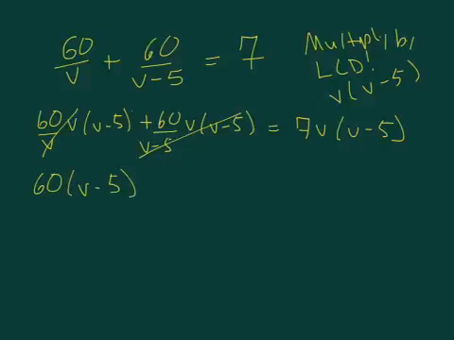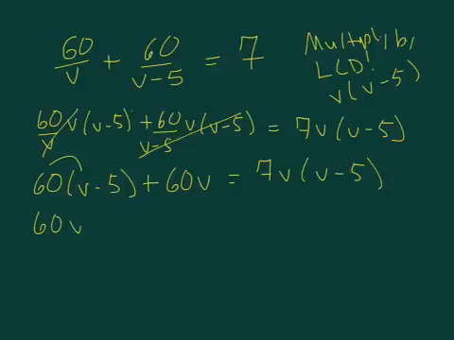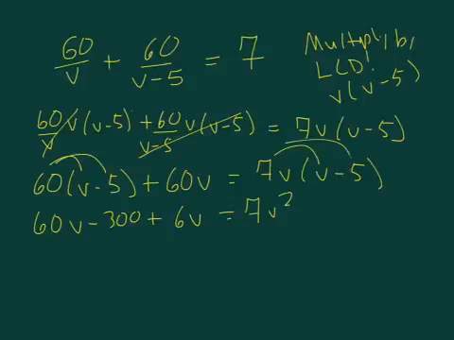So the first term we're left with 60 times v minus 5. The next term is just 60v. And the last part is 7v times v minus 5. Now let's go ahead and distribute. That gives us 60v minus 300 plus 60v, which equals 7v squared minus 35v.